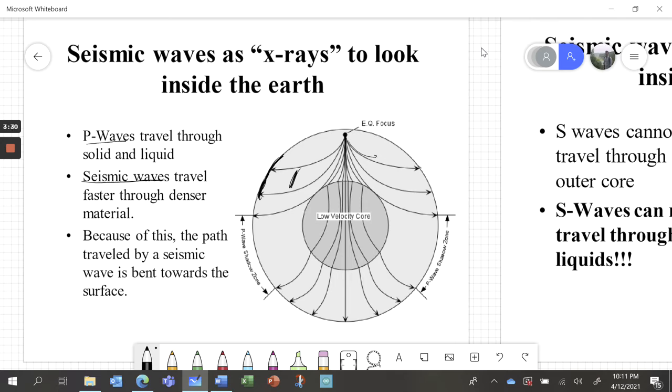And then here, you can see that this one bent, this one too. Anytime that it goes through the liquid core and it bends, that bending is called refraction. You actually do not need to know that, but I just told you, so now you know. Refraction is whenever a wave bends as it goes into a different surface or into a different medium.